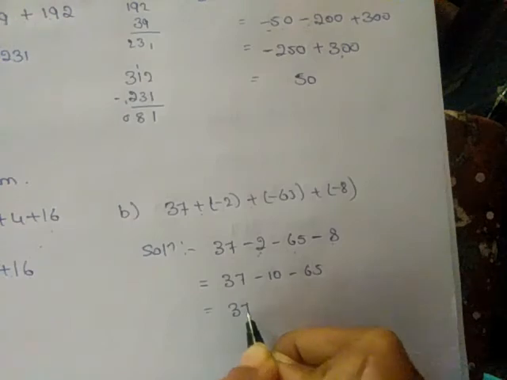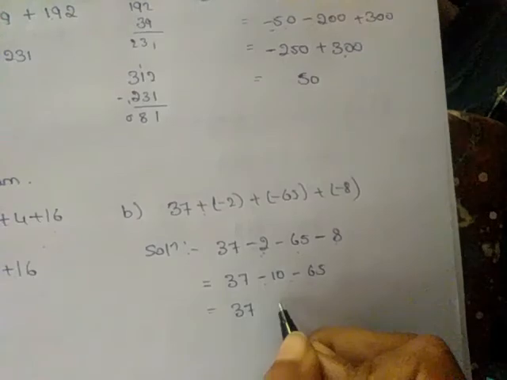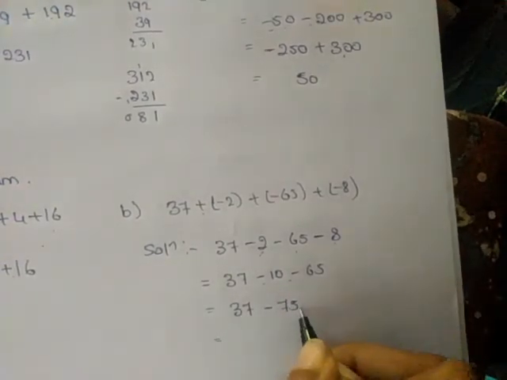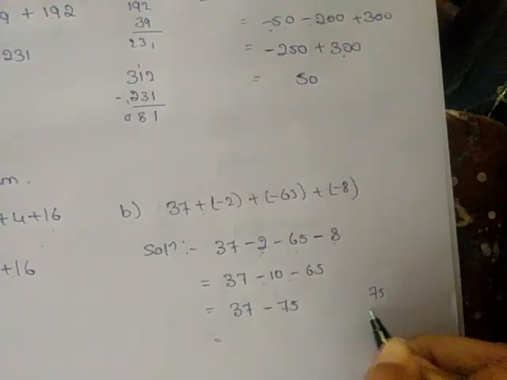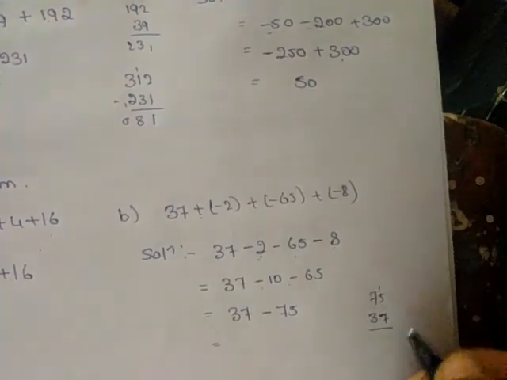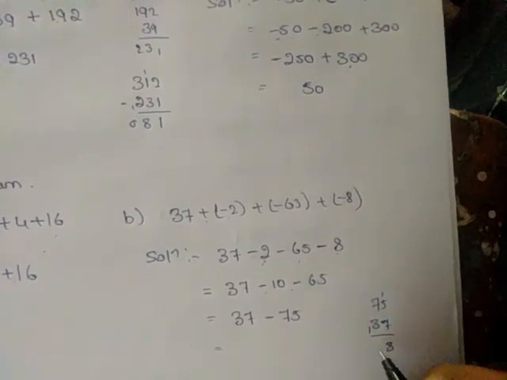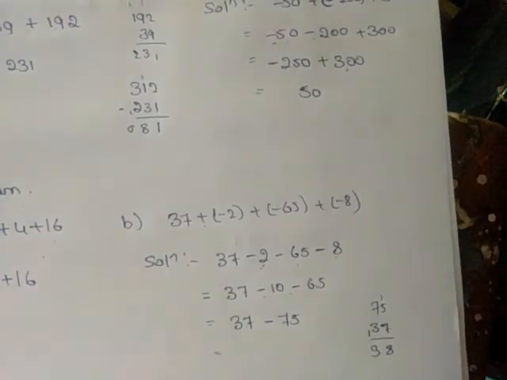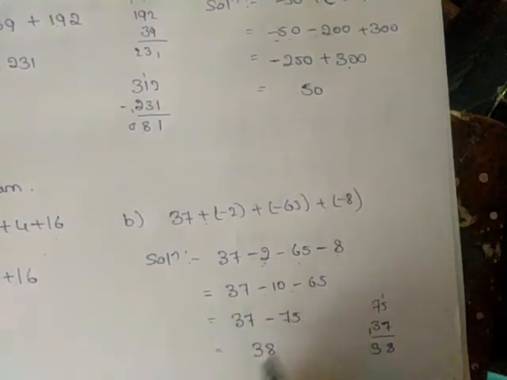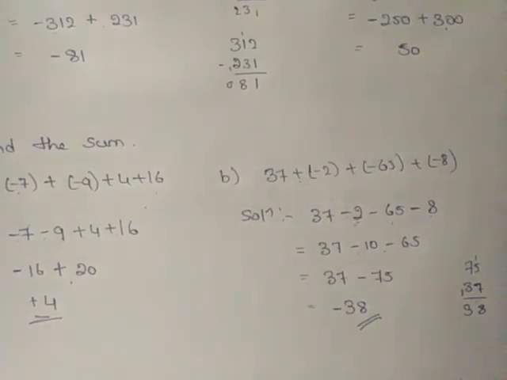Then 37, we'll keep it as it is. We'll add these two numbers. Again they have the same sign. So it will be 75, bigger number sign, minus. In 75, we'll minus 37, we'll get 38, bigger number sign, minus. This completes your exercise 6.2.